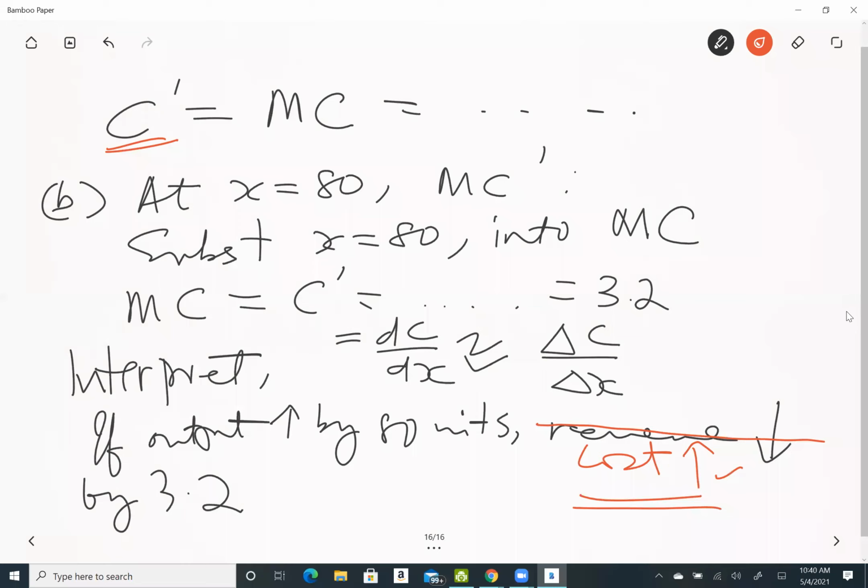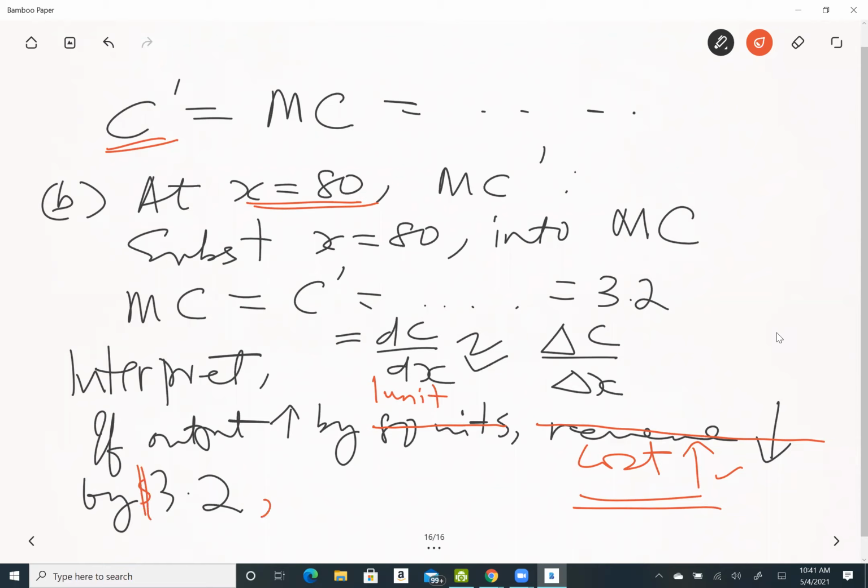If output increases by 1 unit, the unit of change of X is 1, not 80 units. 80 units is where you take the derivative at. So if output increases by 1 unit, cost will increase by $3.2.